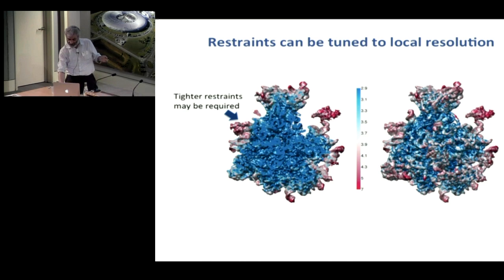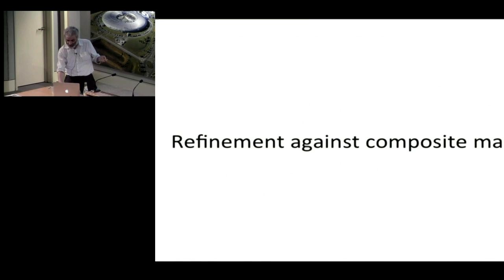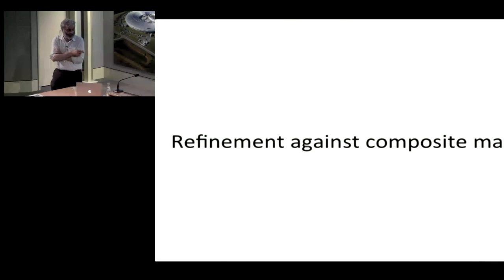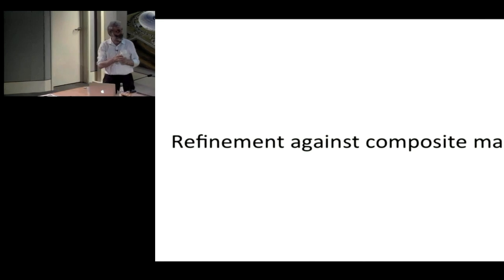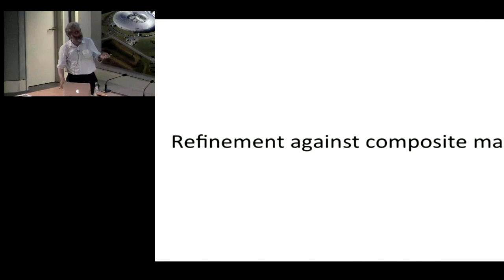There are many different choices, and I hope all these things will be available in CCP-EM so that you don't have to write scripts in future. But at the moment, you will have to use those scripts. So the next point is refinement against composite maps.